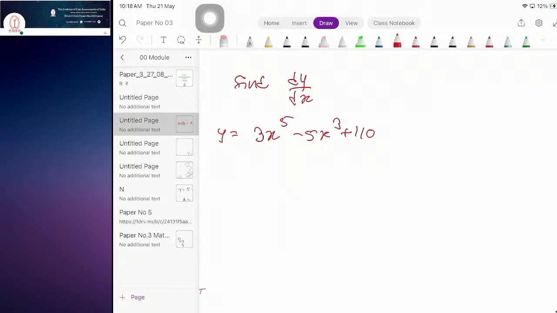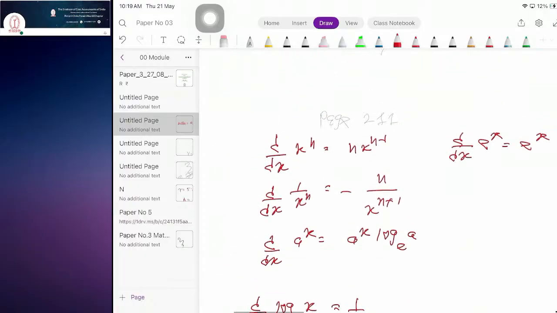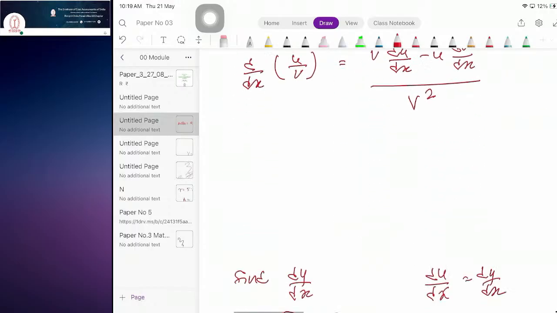So here only one function is given to you, and we want dy upon dx. What is the first value that we have seen here? If it is x raised to n, then the answer comes out to be n x raised to n minus 1. We have to apply this rule in this particular function.